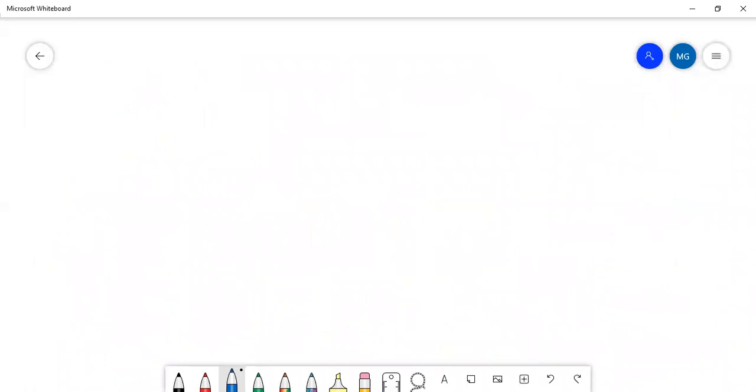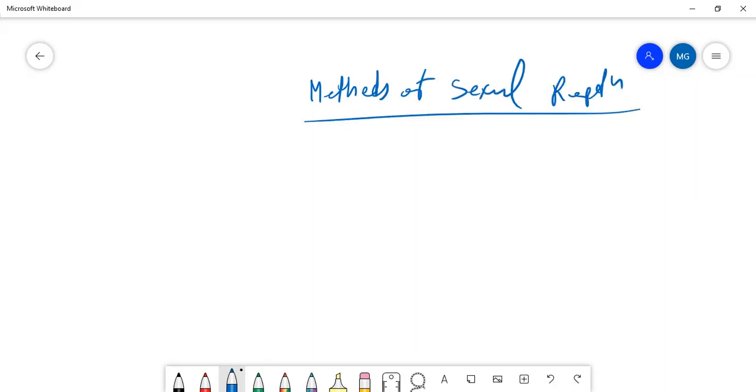Okay? So now we know about two different kinds of life cycles. Now look, let us come down to the methods of sexual reproduction in fungi. Primarily we have 5 methods. There are 5 different methods of sexual reproduction.